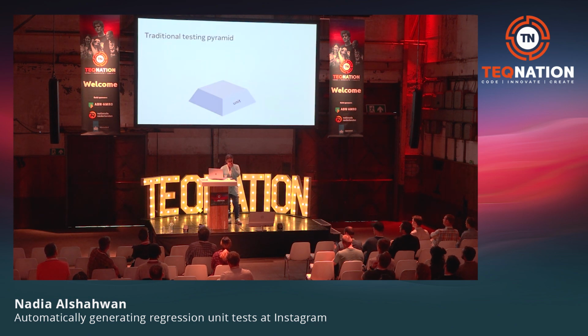So just overall, the testing pyramid. As you probably all know, we need to have a lot of unit tests. Unit tests will test the smaller parts of the code.